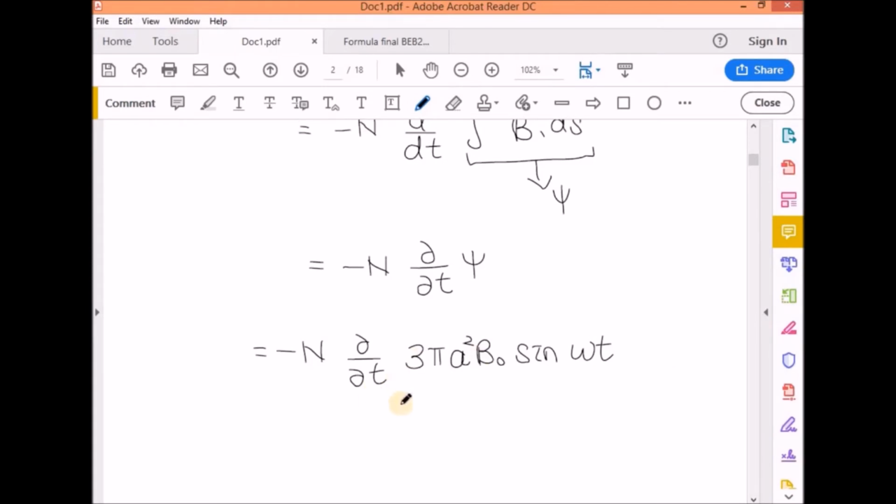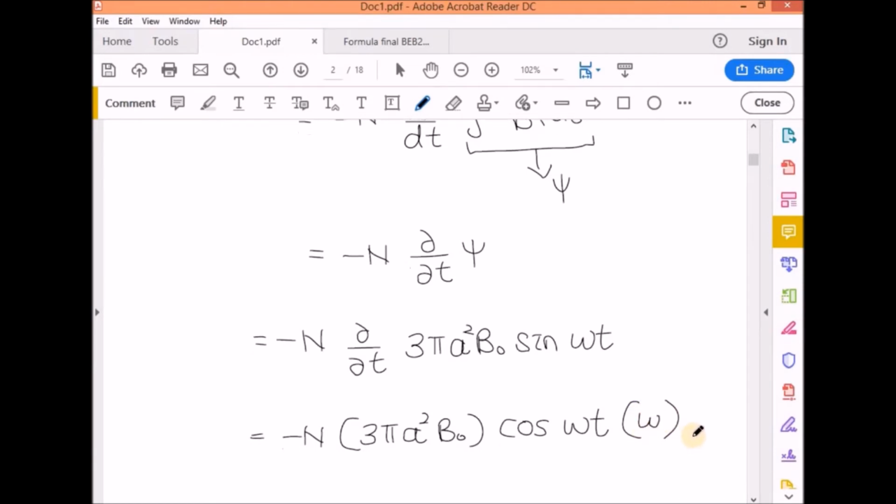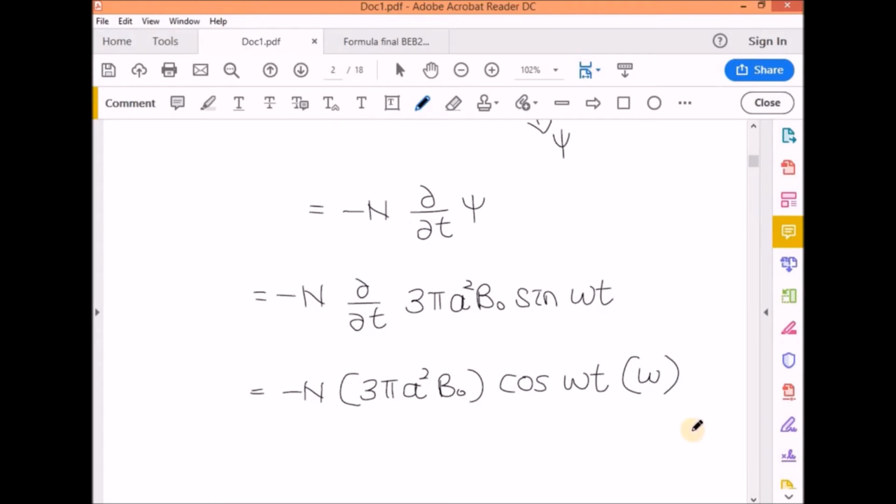Now you have to differentiate with respect to t. The constants all remain, and when you differentiate this, don't forget the omega. You have to multiply by the omega.